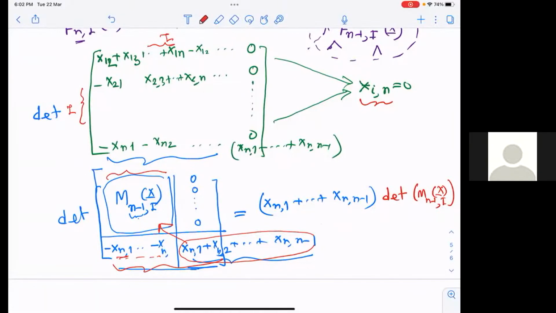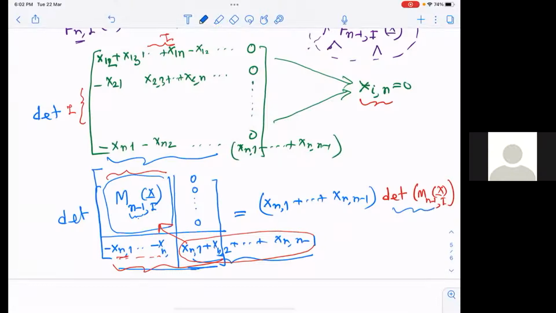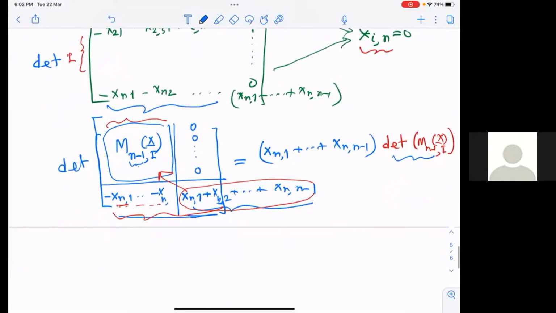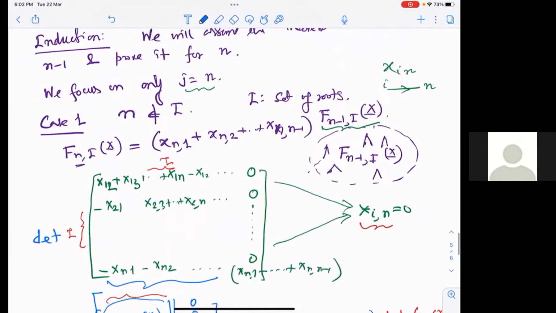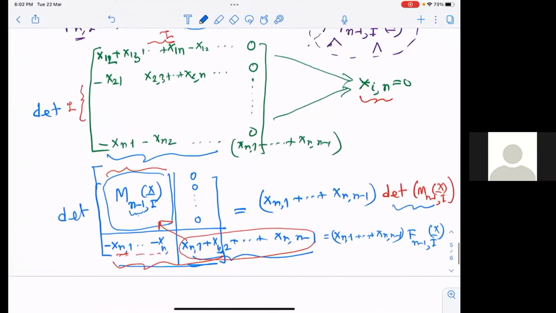But now you can use the induction hypothesis. Inductively, you know that this term is equal to your f n minus 1 I x. Same thing we got. So in this special case, it is easy, right?